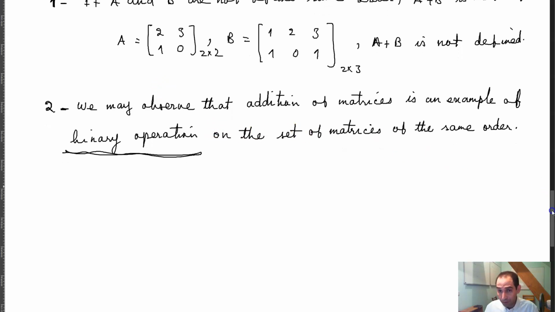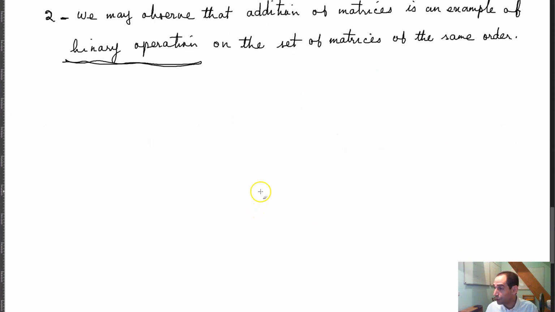So then that was basically all about the matrix addition.